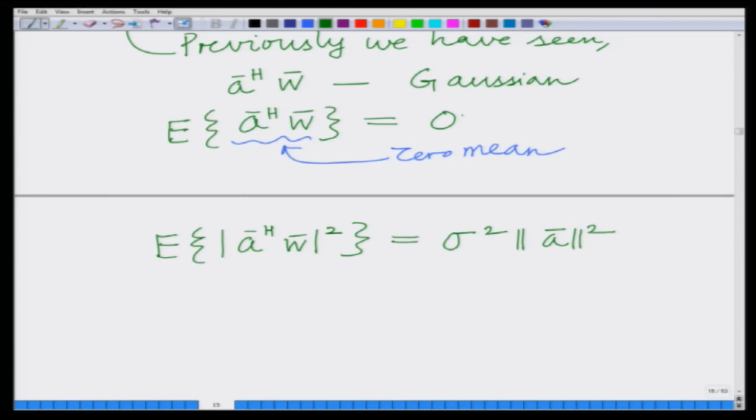We had seen this in the previous module in the context of real vectors, A bar transpose W bar. Now, this is a complex vector. So, we are considering A bar Hermitian W bar; the noise is 0 mean, and since all the noise samples have identical variance sigma square, the variance of the noise at the output is sigma square times norm of A bar square.